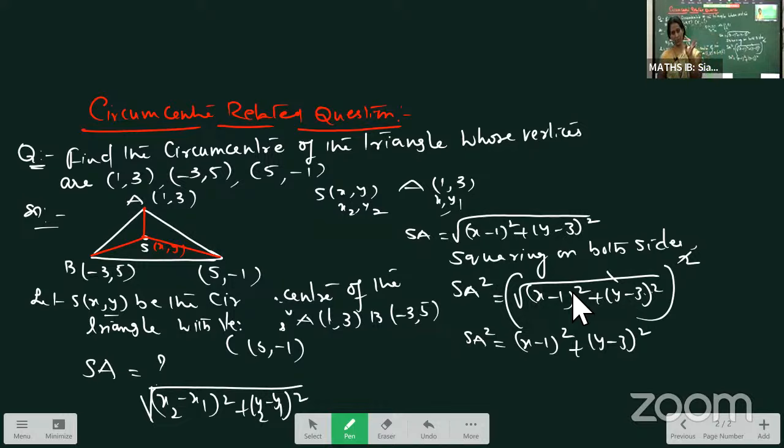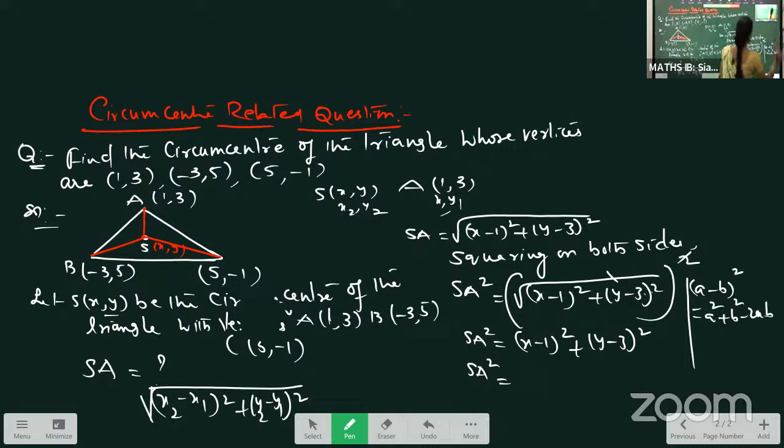So here SC² is equal to the expanded (a − b)². The (a − b) topic from the locus chapter is already finished, I think. (a − b)² is a² + b² − 2ab. Here a² means x², plus b², that is 1², minus 2ab.